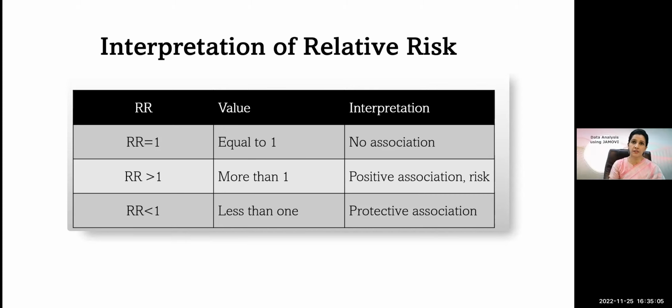If the relative risk is more than 1, then we say that there is a positive association, which means the outcome is more in the persons who have that risk factor as compared to the people who don't have the risk factor. And if it is less than 1, then we say that it is a protective association. That means the outcome is less in people who have that particular factor. And in that case, we don't call it a risk factor because the relative risk is less than 1.